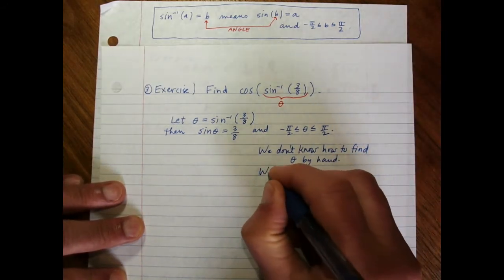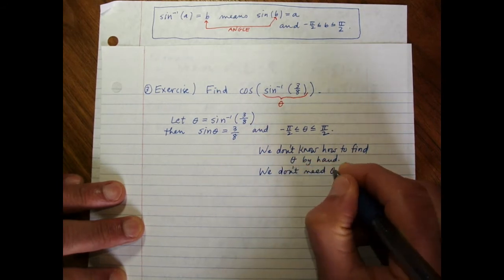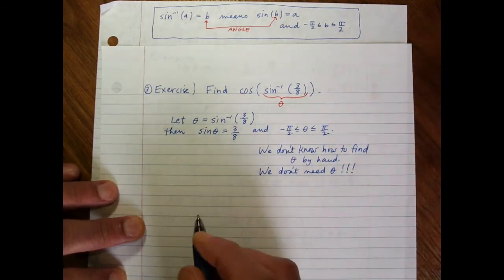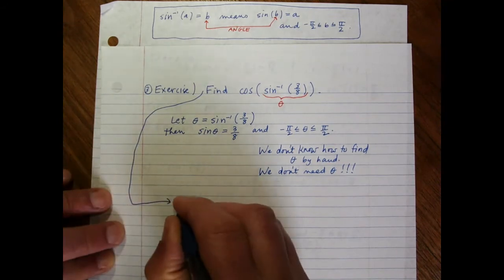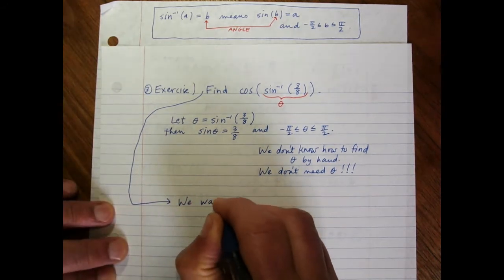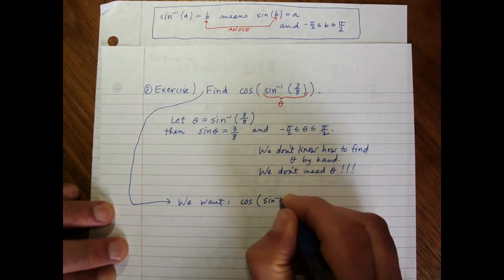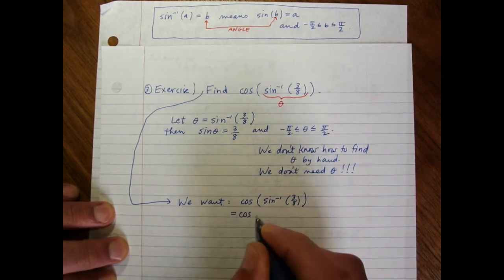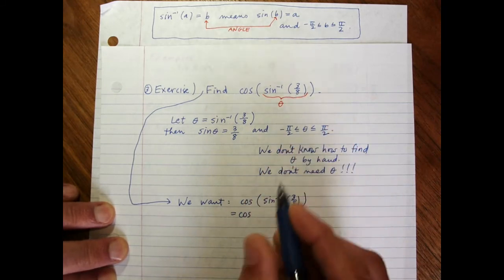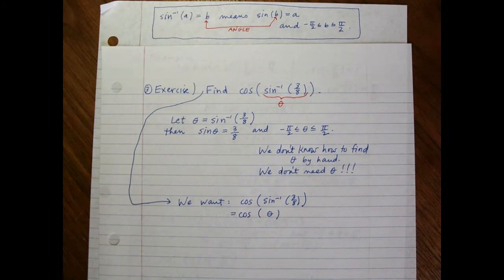And the funny thing in this problem is we don't need theta, because what we're trying to find, for our answer, is cosine of sine inverse of 3/8. Well, because I called sine inverse of 3/8 theta, we just want cosine of theta. Cosine of theta is going to be the answer to the problem.